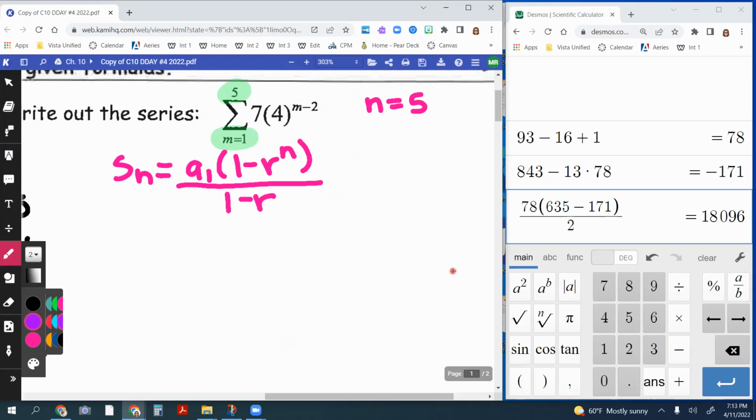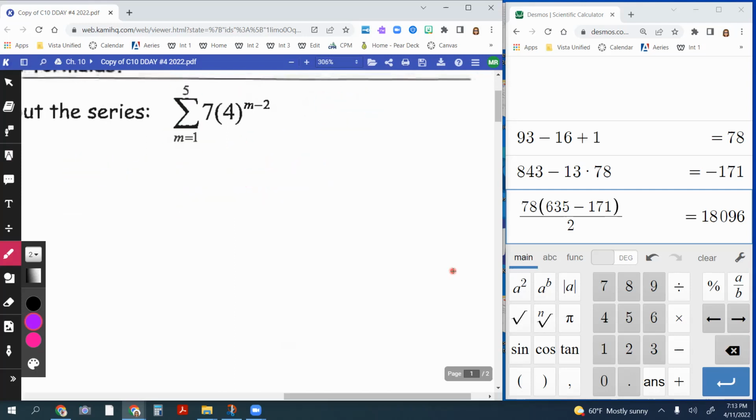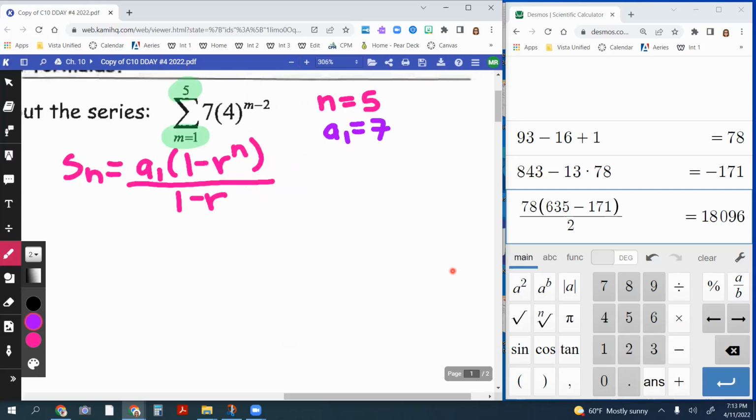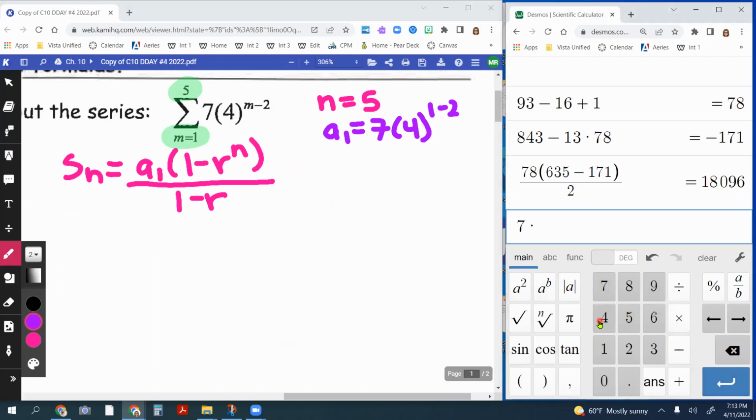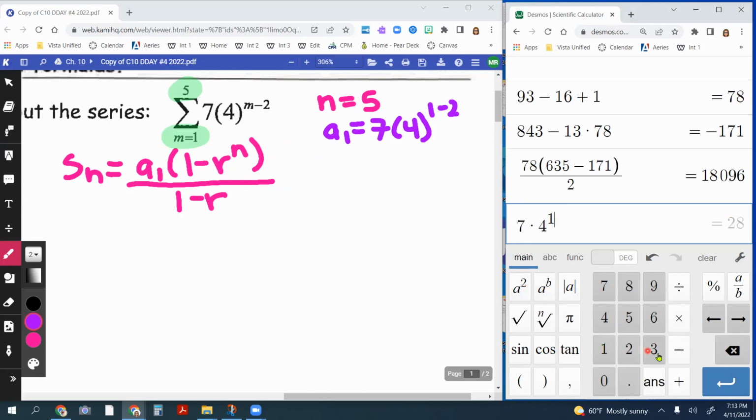I need to find my a sub 1. So to find a sub 1, I'm going to substitute 1 in there. So I'm going to go 7 times 4 to the 1 minus 2, or basically negative 1.